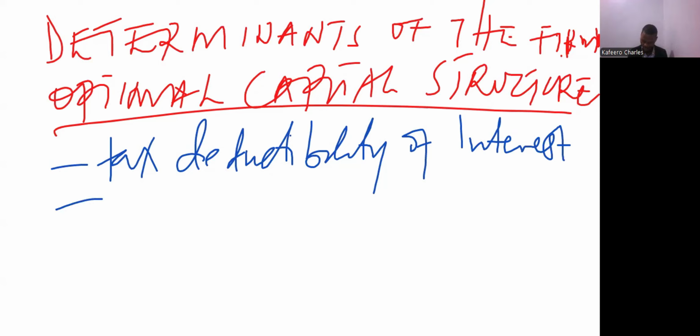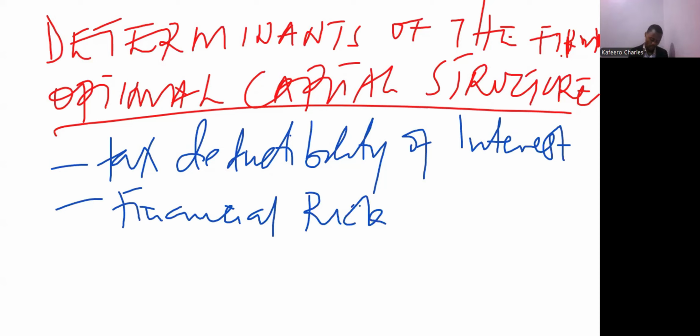The other point that we can talk about is what we call financial risks. People fear risks, and of course financial risks come as a result of being geared. If the risk is too much, people can say, let me leverage it, and I don't go fully into debt, but maybe I have 30% debt and 70% equity.